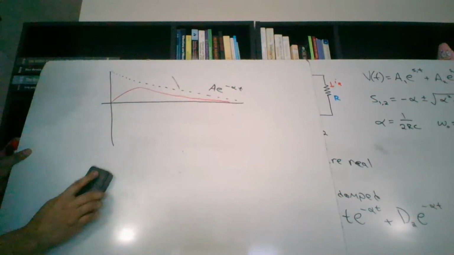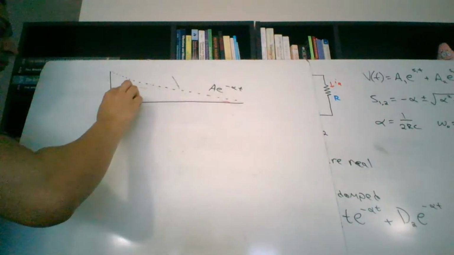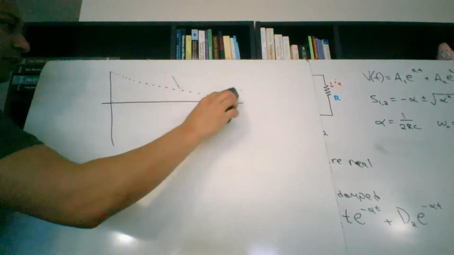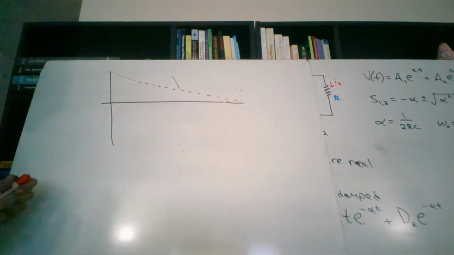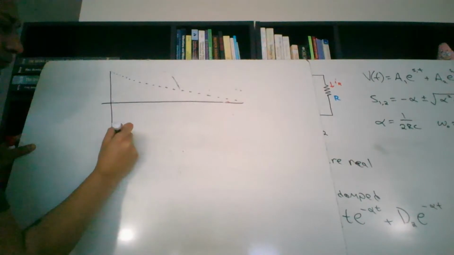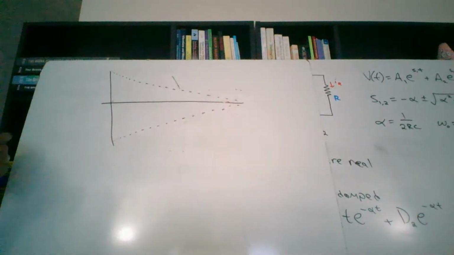Now the underdamped situation, let's take a look at that. For an underdamped situation, you actually will get an oscillation, but it's going to decay downwards.